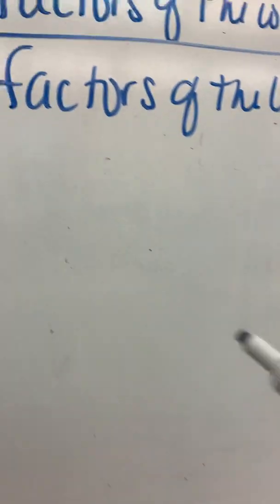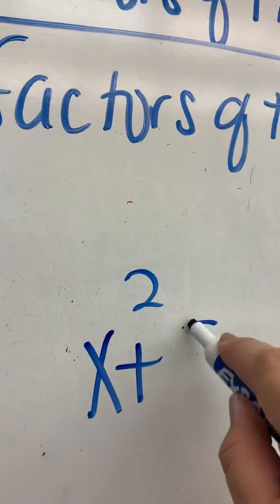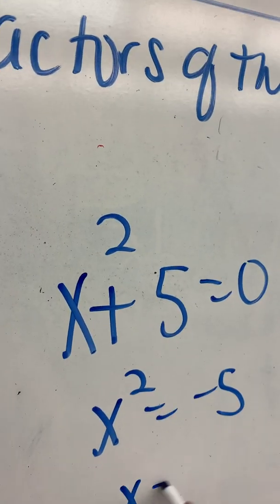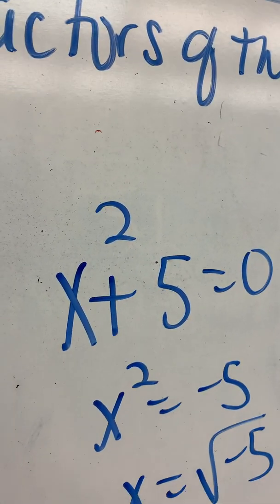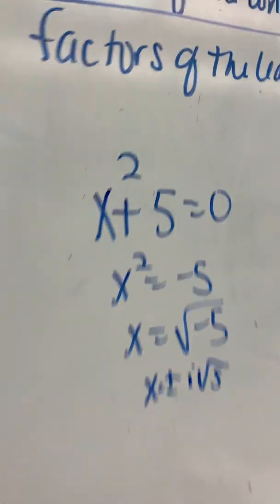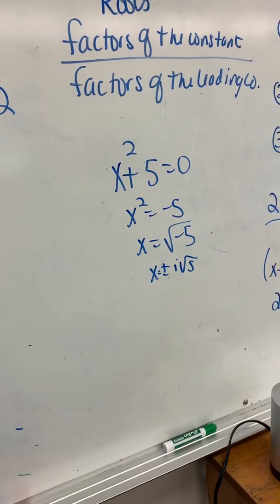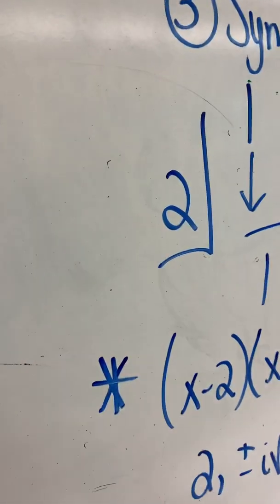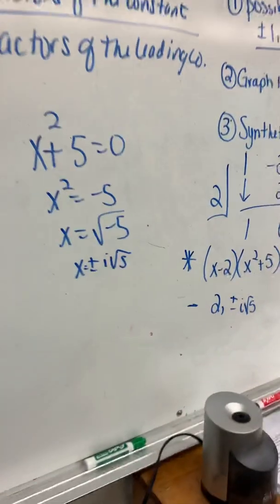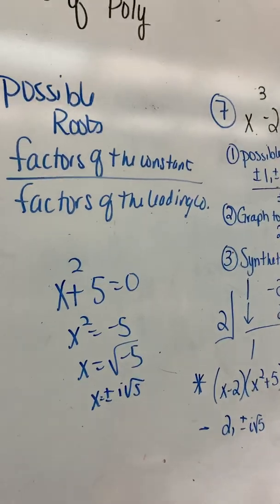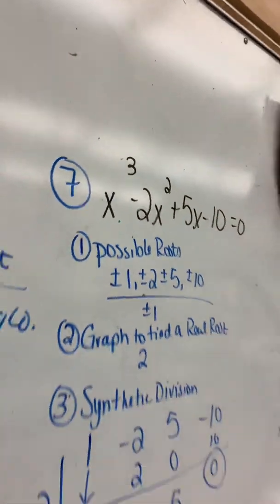And if you have to, set it equal to 0 and solve for it. So then you get plus or minus i root 5, instead of trying to eyeball it. So here it is factored, and then there are your roots. And how many do I have? 3. How many should I have? 3.